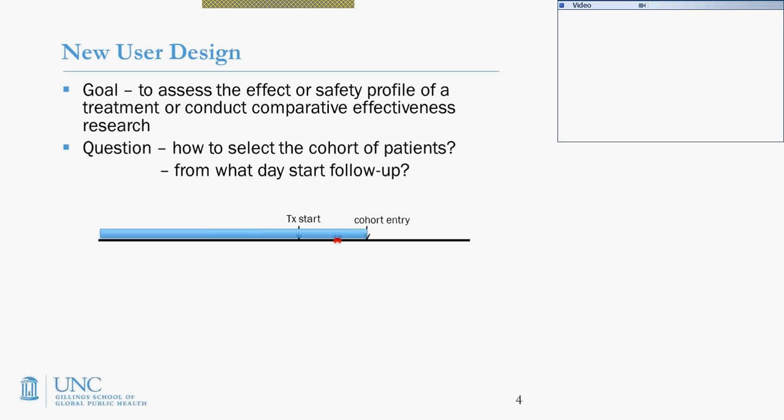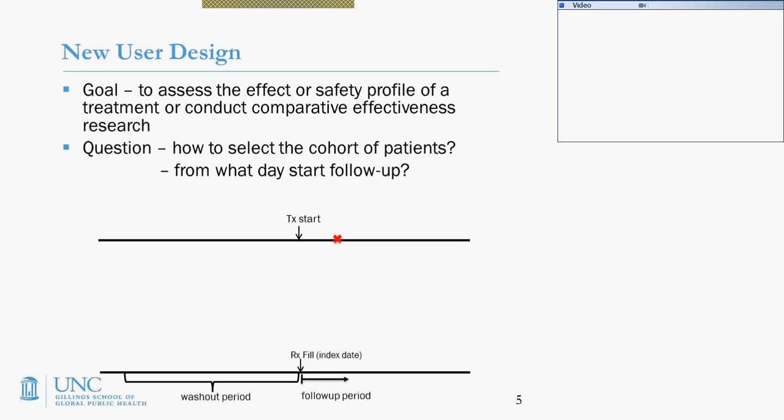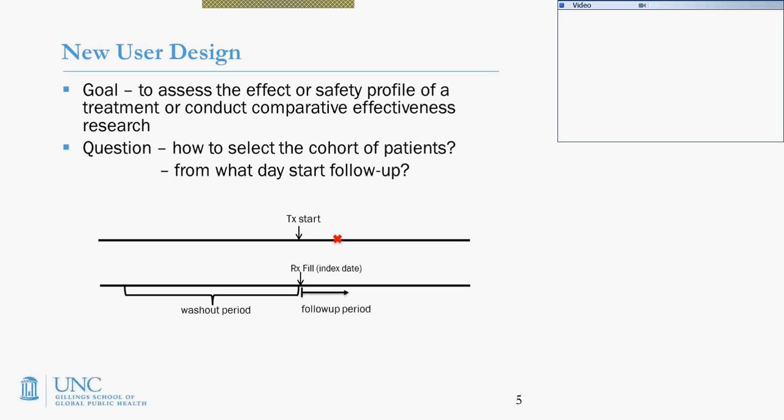With this design you have this trouble: you're missing these early events, and when you are controlling for covariates, these covariates may have been modified by previous treatment, so you end up with bias. With that, it's not a very good idea to use the prevalent or current user design, and that's why we started to think about new user design.